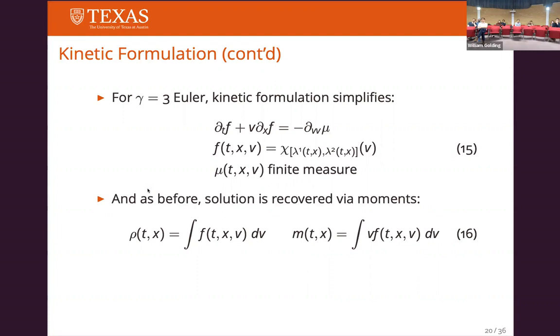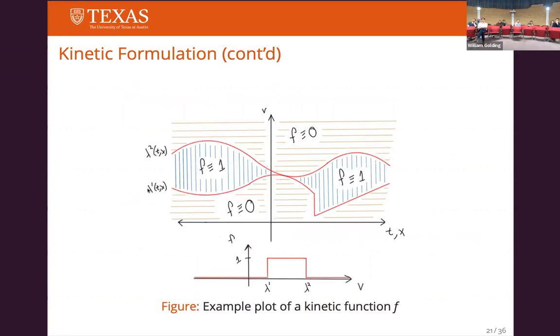So the main tool you get here from kinetic theory, maybe I should draw a picture real quick of what these look like. I have two curves in red here, my lambda 1 and my lambda 2, that depend on time and space.